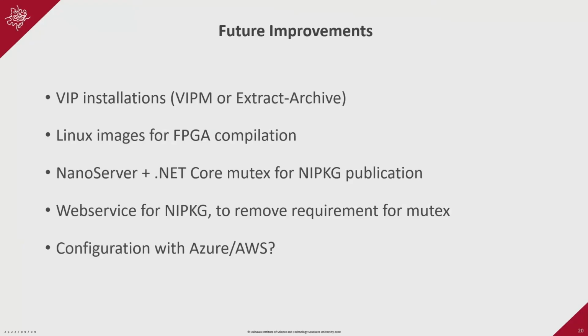In terms of future improvements, my top item was VIP installations, because I don't have VIPM Pro, and this is quite convenient. I think I'm going to cross that off now, because it sounds like we're all going to be able to use the command line soon, which is fantastic. And if you really need it earlier than that, the example Docker files I have show using extract archive and running the MSIs inside the GCLI installer.